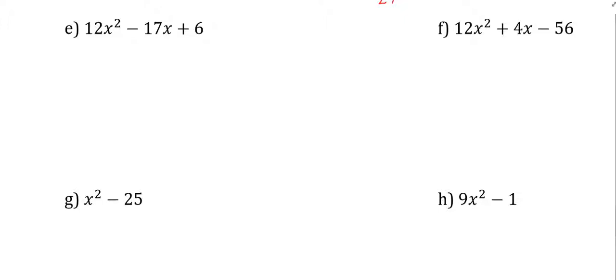But that one does have a common factor. So let's do that first. What about G? Common factor? No. What about H? Common factor? No. But those ones look like difference of squares, don't they? Because 2 terms and there's a minus sign between them. Okay, let's go back to E. So E is going to be what type? Complex. Yeah, complex trinomial. Go ahead and try that one.